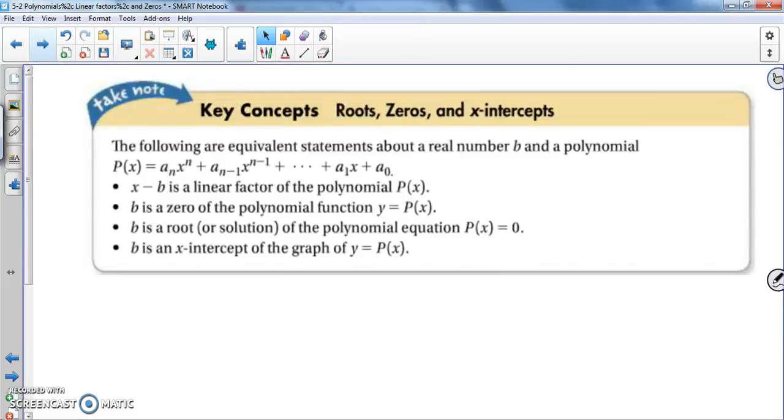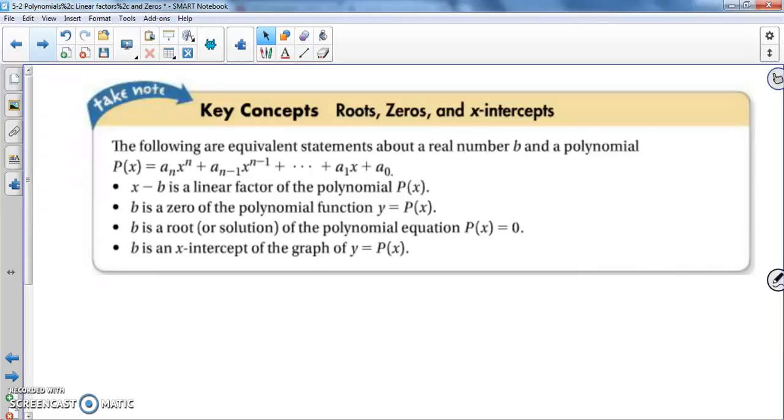So, some key concepts for roots, zeros, and x-intercepts. The following are equivalent statements about a real number b and a polynomial p(x) equal to a sub n x to the n, and so on. x minus b is a linear factor of the polynomial function p(x). b is a zero of the polynomial function y equals p(x). b is a root or solution of the polynomial equation p(x) equals 0.